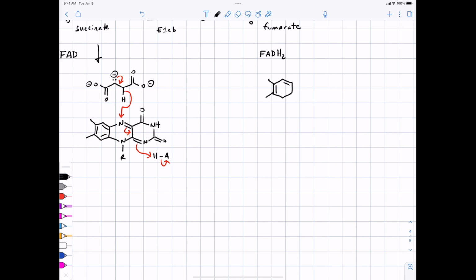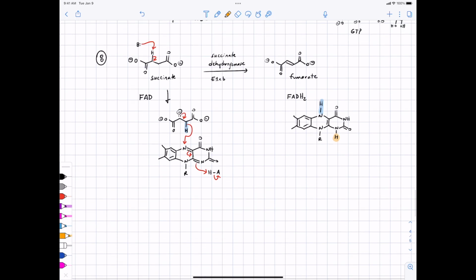And I'll draw the reduced form of FADH2 here. This hydrogen and its electrons end up here on FADH2, and then this proton gets picked up from some source, the enzyme or something. So, succinate to fumarate.